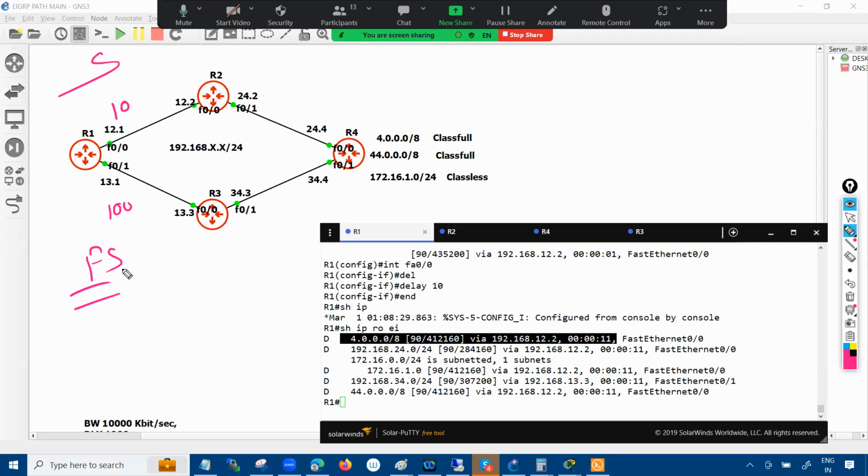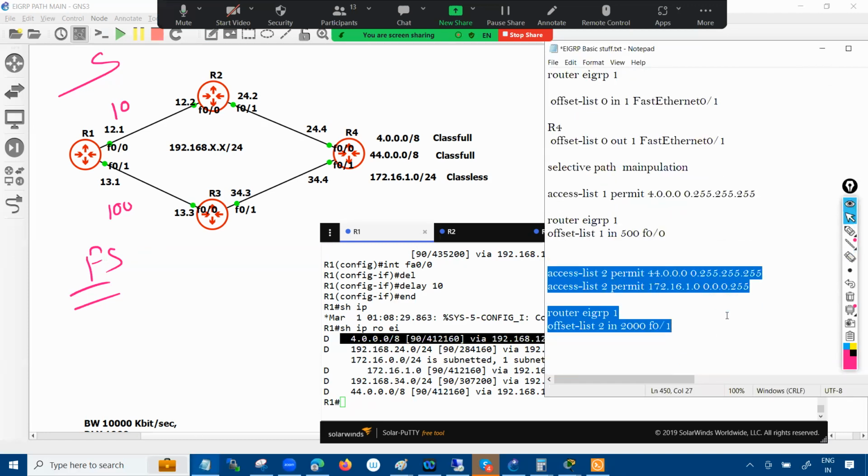Now tell me one thing. Can I utilize this particular link? No, because my traffic will go by 12.2 only, right? I cannot utilize this particular link. There will be no load balancing now, because the cost is not the same.